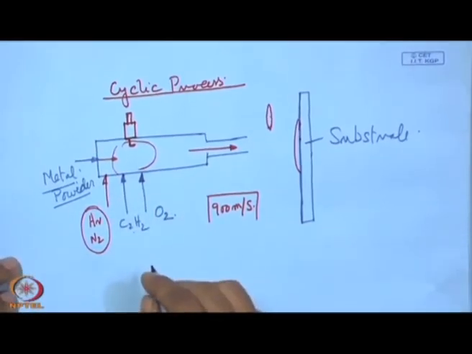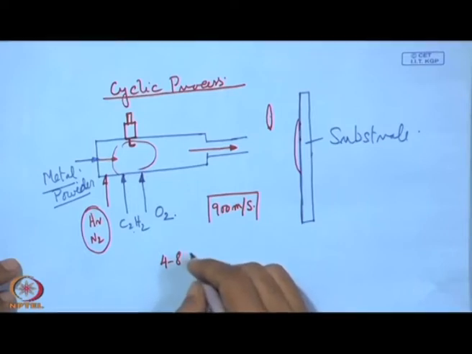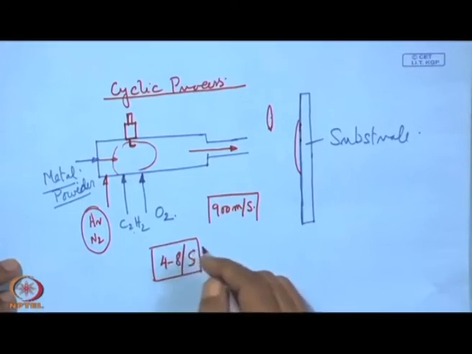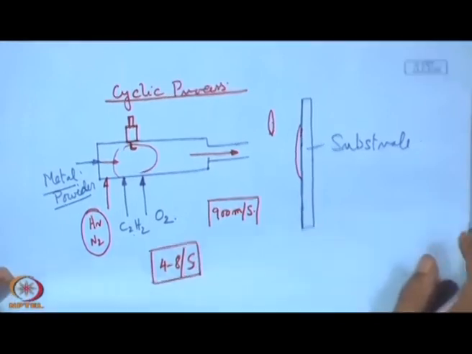Now, as per the industrial practice, it is a proprietary process. We can have 4 to 8 detonations per second, and that is quite a productive process from the industry point of view.